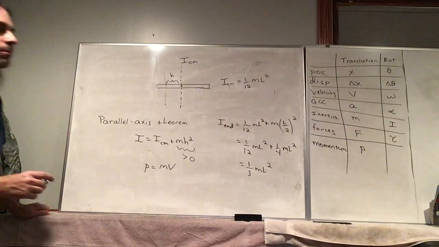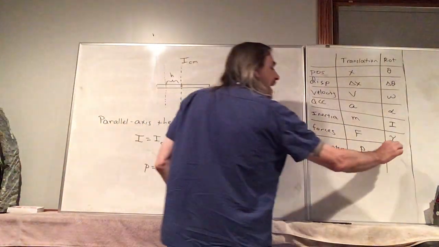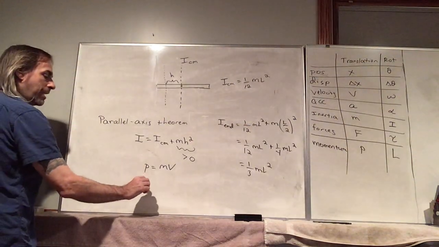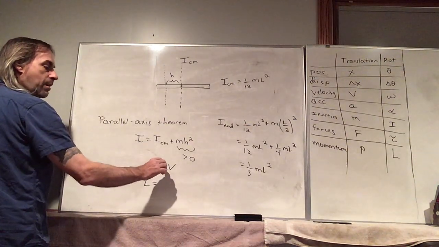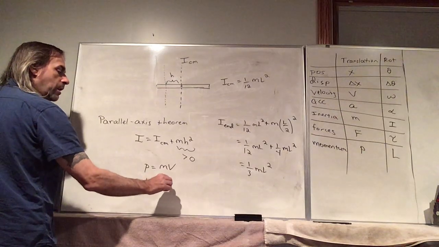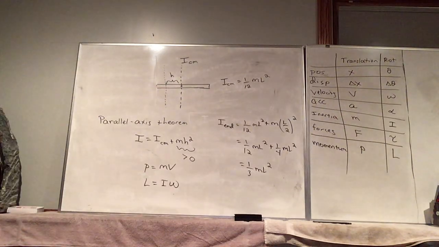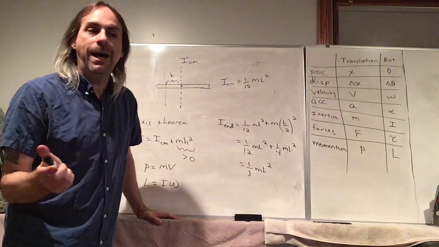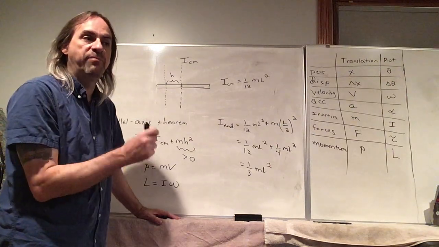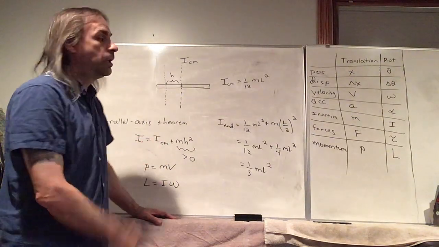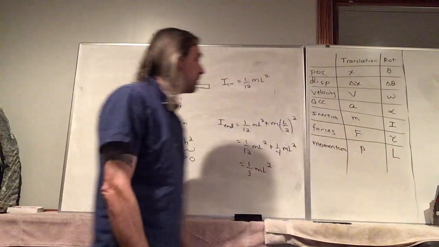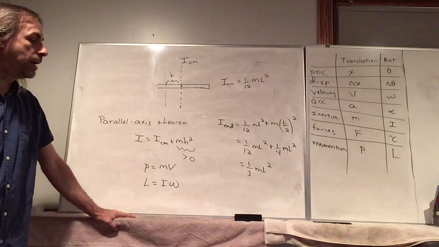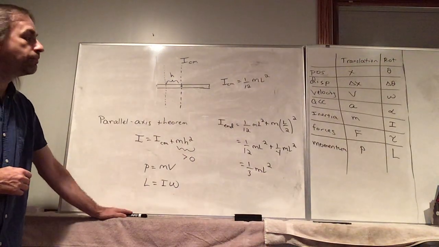This will be a separate lecture, where we're going to define angular momentum, using the letter L. We define angular momentum by replacing mass with moment of inertia and replacing velocity with angular velocity. I'm pointing out in lab, we have two labs. One is conservation of p, the other is conservation of L. We just did this lab, so that conservation of L, that's angular momentum. That's what we will talk about next. But this will be it for now.